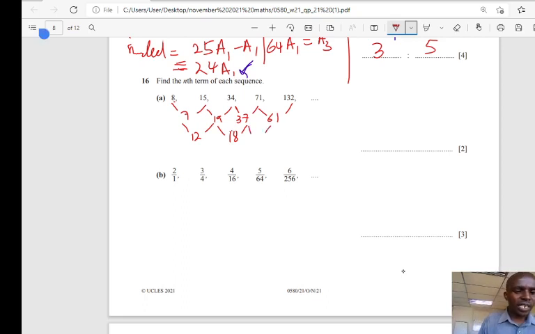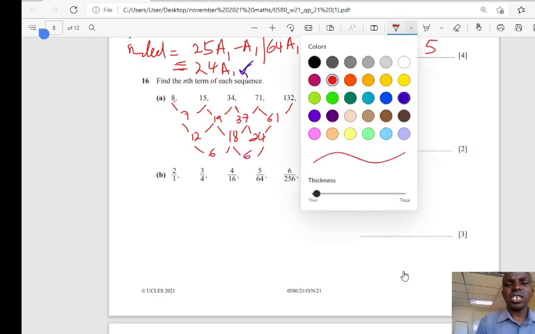Then 61 minus 37, 24. No common difference yet. Let's find another one here. 18 minus 12 is 6. 24 minus 18 is 6. Right, so the common difference has been found at the third part.